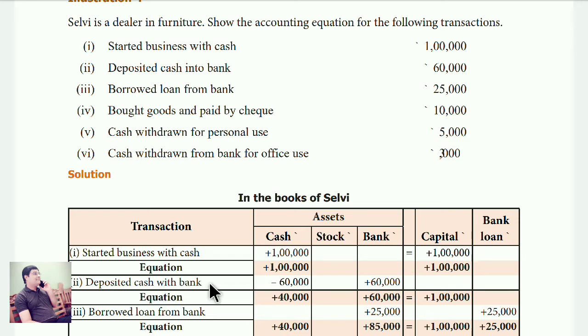When you deposit the amount into the bank, the bank amount will increase, so plus 60,000, and cash goes out from the business, so minus 60,000. So plus 60,000 in bank and minus 60,000 in cash. Understand? Then this total, 1 lakh minus 60,000, you will get 40,000.